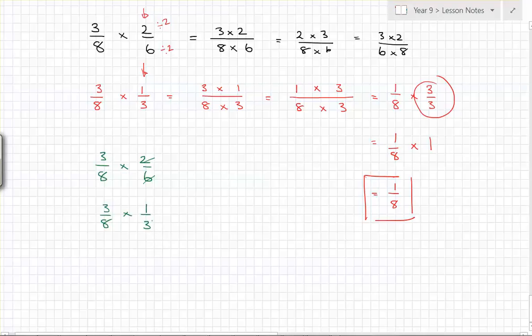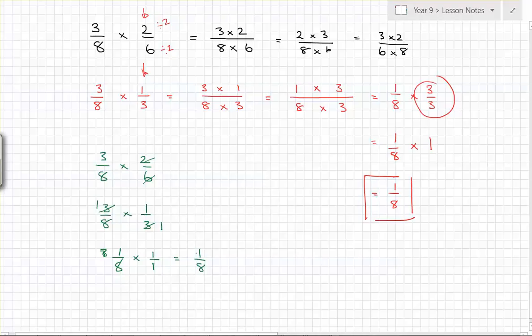Then I spot that 3 over 3 cancels to 1 over 1, so I can divide the 3 by the 3. Then it becomes 1 over 8 times 1 over 1, which makes 1 over 8.